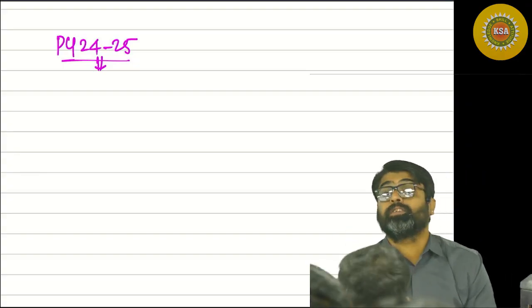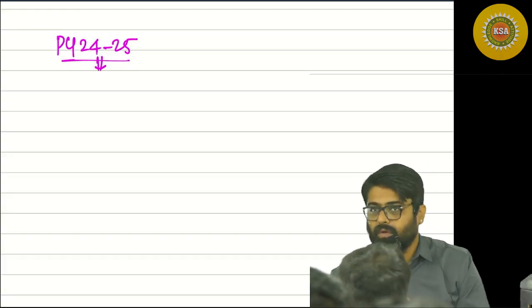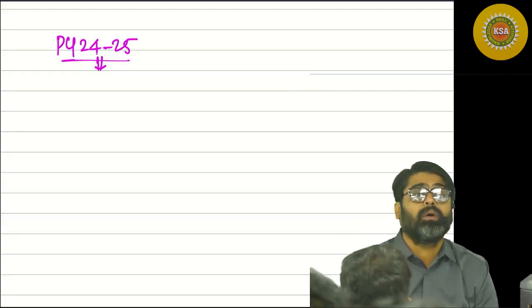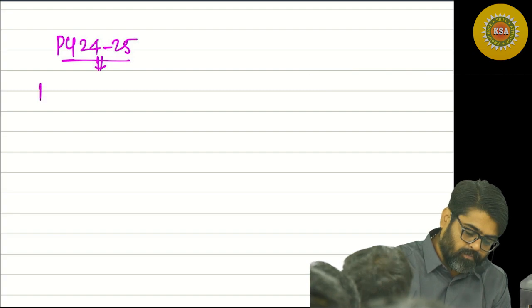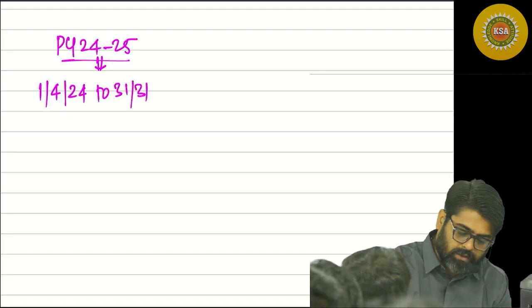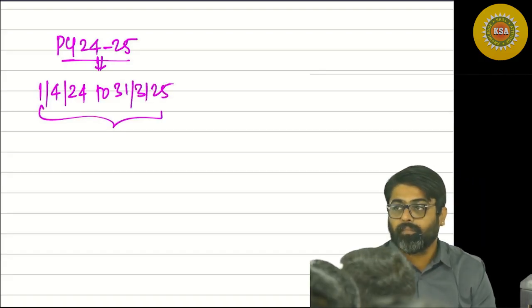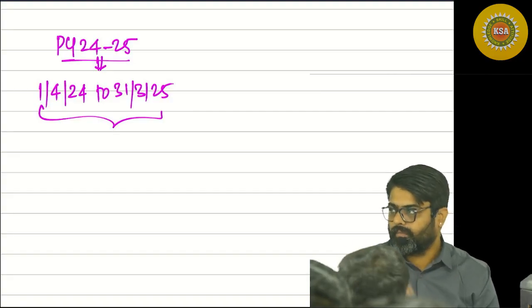I will have to first check whether I am the owner of the property or not. During the previous year 24-25, I am the owner of the property from 1st April 2024 to 31st March 2025. Can I say this is my ownership period? How many months? Entire year I am the owner of the property.